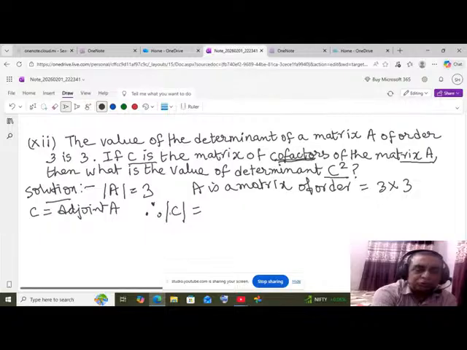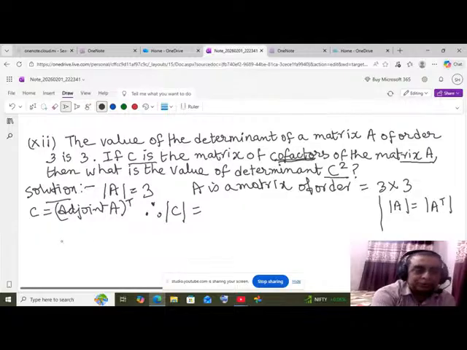Actually it is not the adjoint of A, it is the transpose of the adjoint of A. But we know that the determinant of A is the same as the determinant of A transpose.